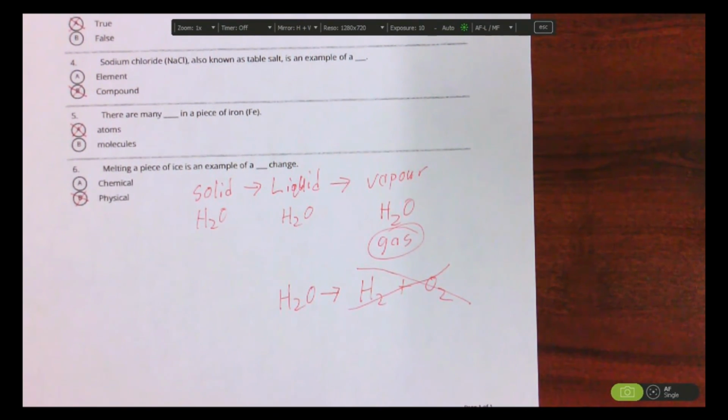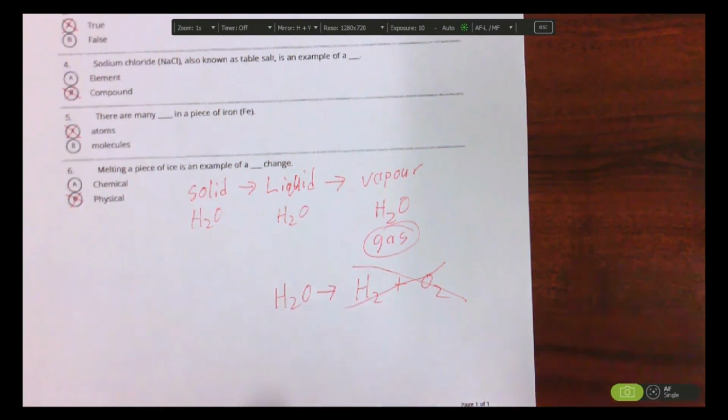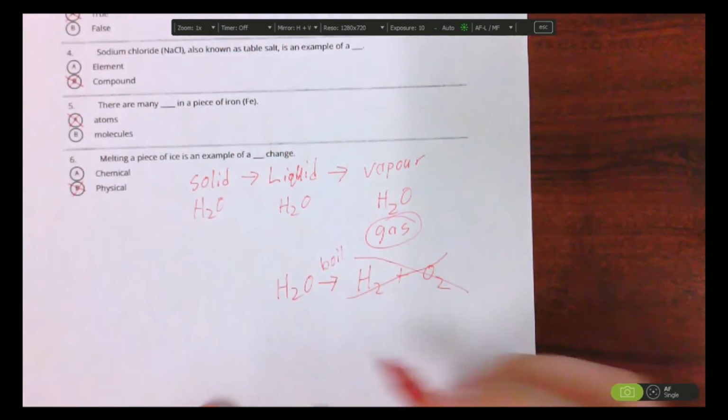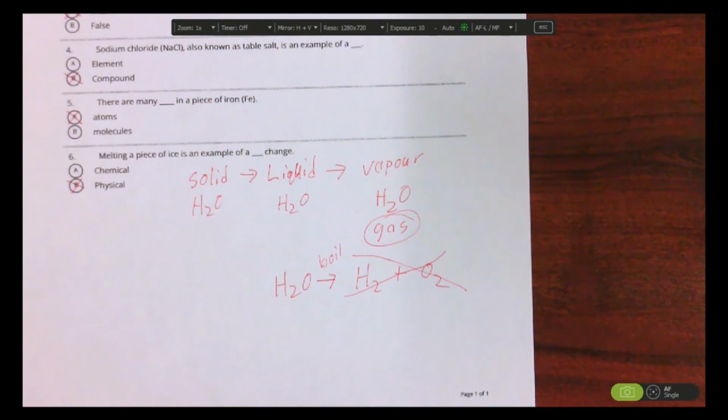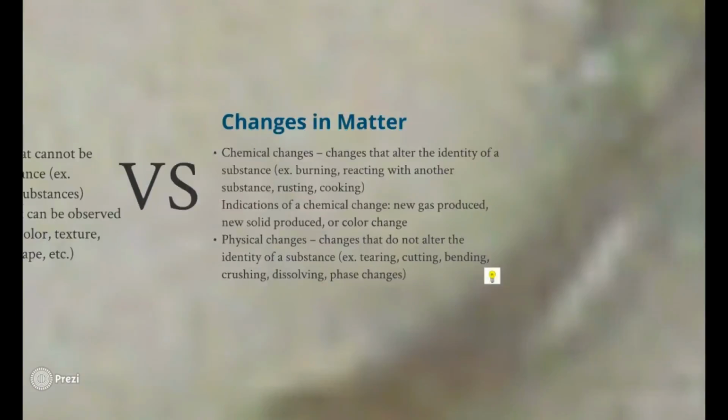If you boiled water and got those 2 compounds, you would blow up. I'll talk about the Hindenburg too. But do realize when you boil water, that does not happen. It just goes from a liquid to a gas. This is very big. You would not believe how many people get that wrong on the test.